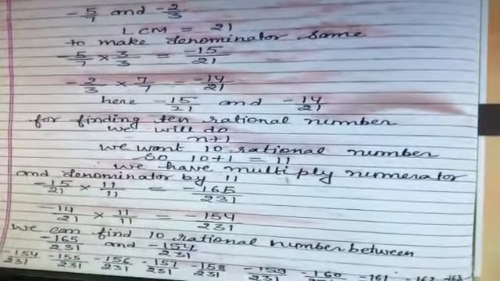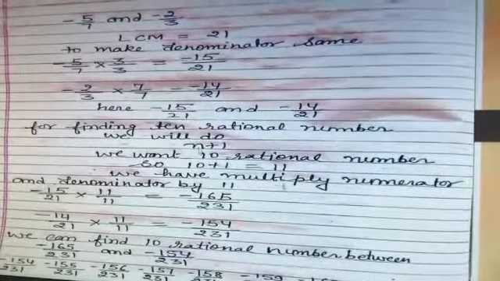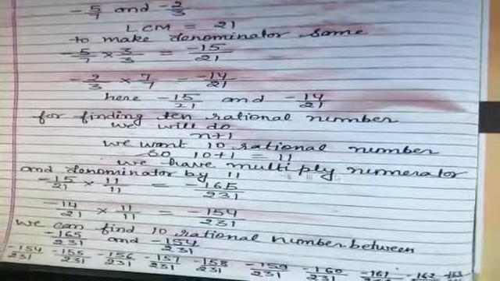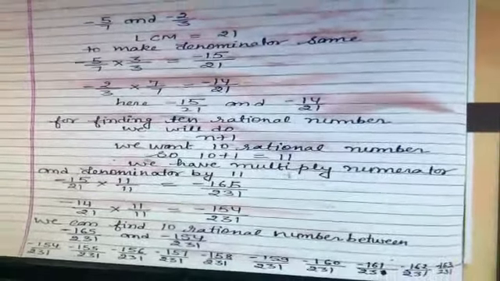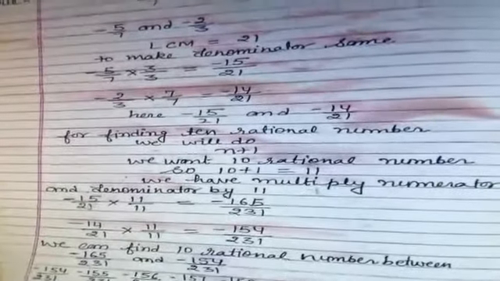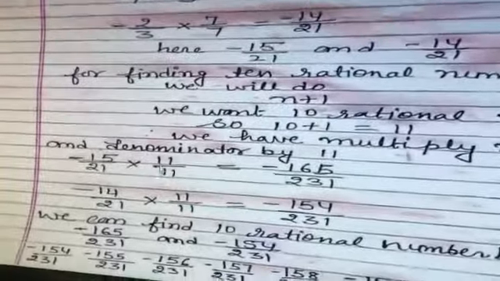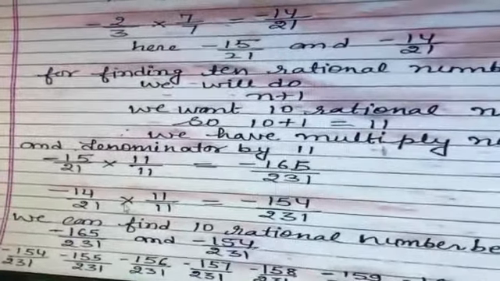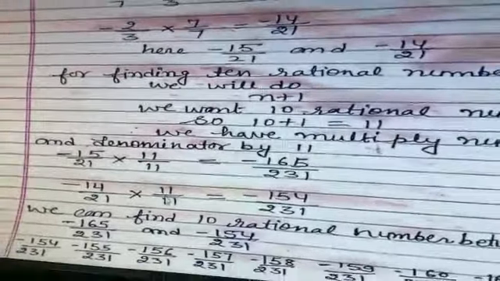We want 10 rational numbers, so n is 10 and plus 1 is 11. So we have to multiply numerator and denominator by 11. So minus 15 upon 21 multiplied by 11 upon 11, and minus 14 upon 21 multiplied by 11 upon 11.